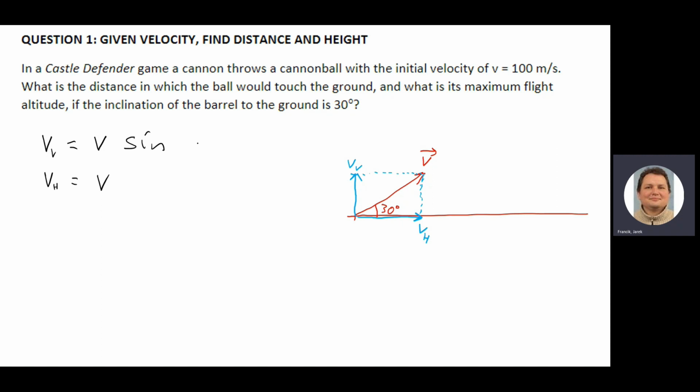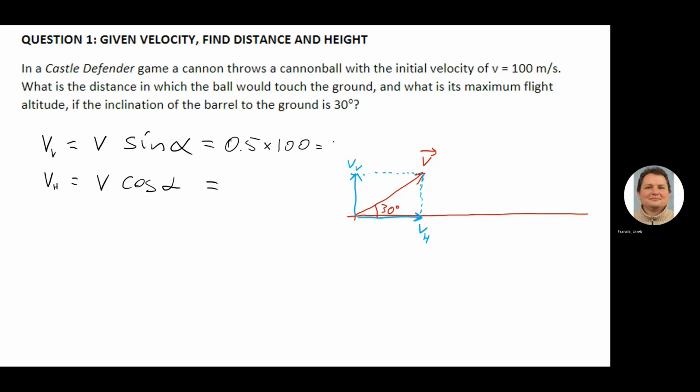I will call this angle alpha, but we know that this is 30 degrees. And of course, the horizontal velocity, it is 30 degrees here at the adjacent edge, so it's cosine alpha. And it is not shown here, but sine 30 degrees is 0.5. So we get 50.